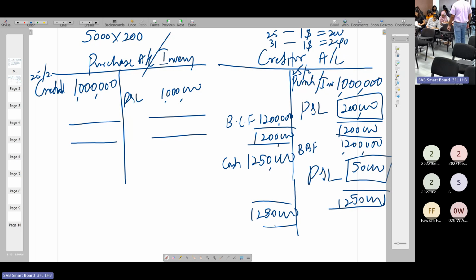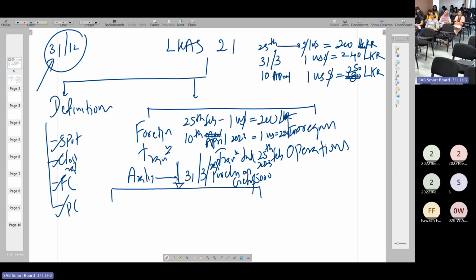We need to look at the foreign transaction.